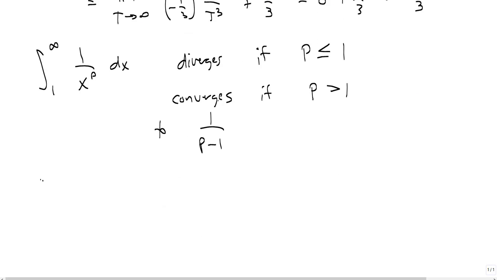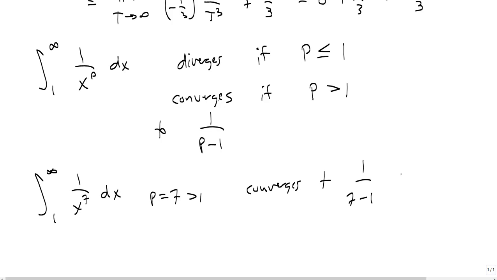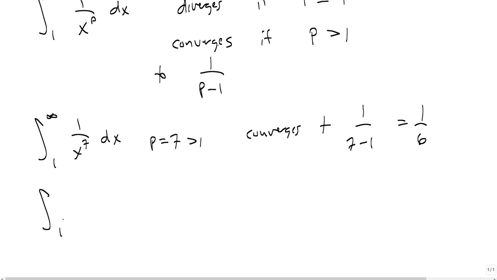Examples of that would be the integral from 1 to infinity of 1 over x to the 7th dx. P is 7, which is greater than 1. It converges to 1 over 7 minus 1, which is 1/6. The integral from 1 to infinity of 1 over the cube root of x dx: p is 1/3, which is less than or equal to 1, so it diverges.